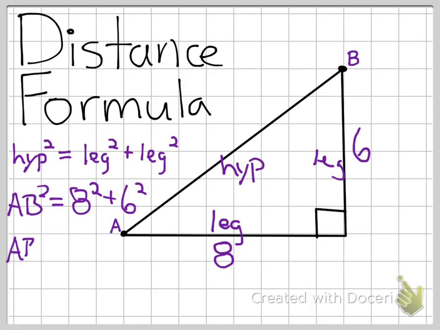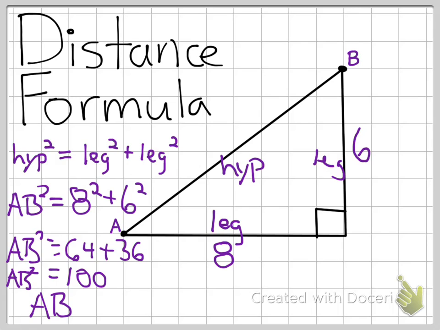And then we get that AB squared is equal to 64 plus 36. We come out with 100, and hopefully you recognize that when you have AB squared equals 100, AB is 10. So if I would have done the distance formula, I'd get the same answer here. That doesn't change it. But now I don't have to stick to that formula. I can just remember it's Pythagorean theorem.